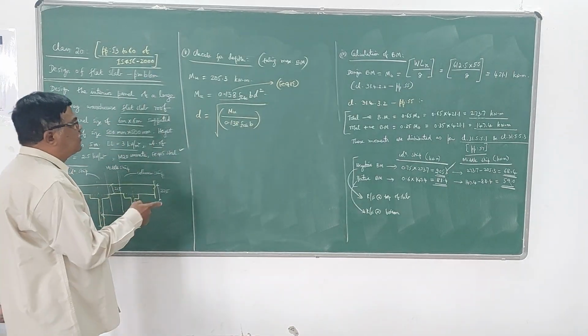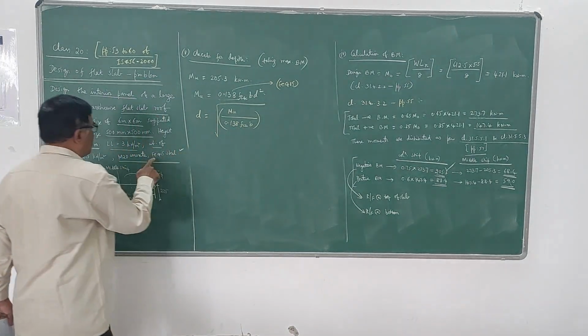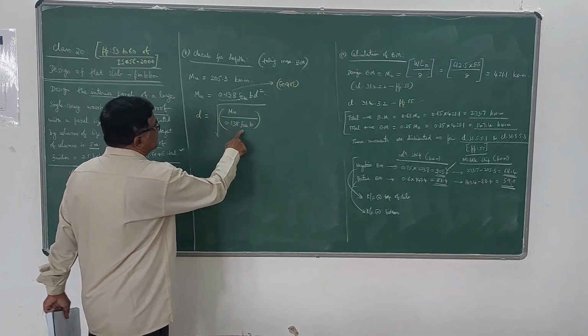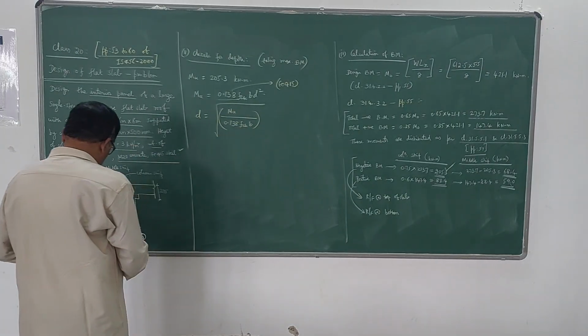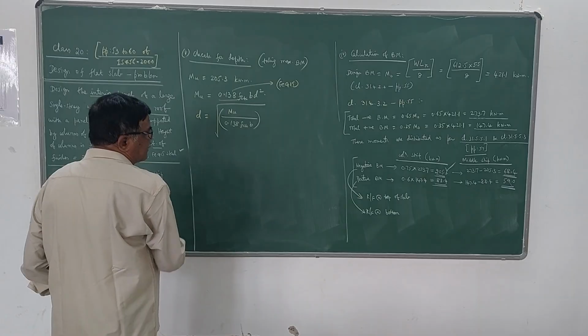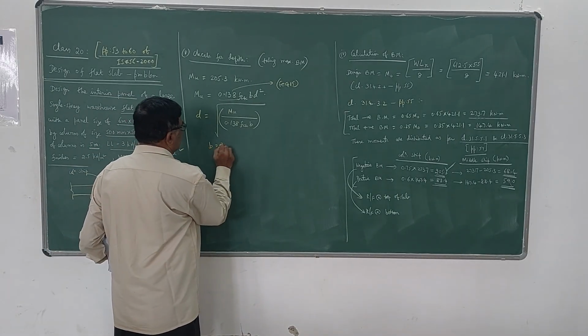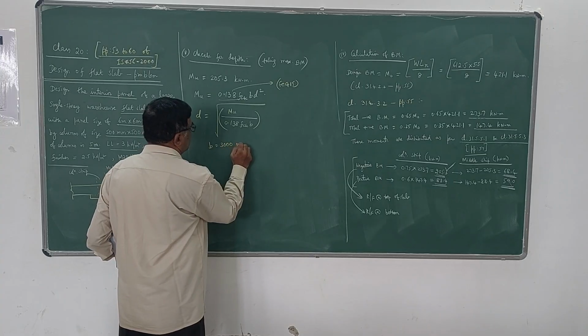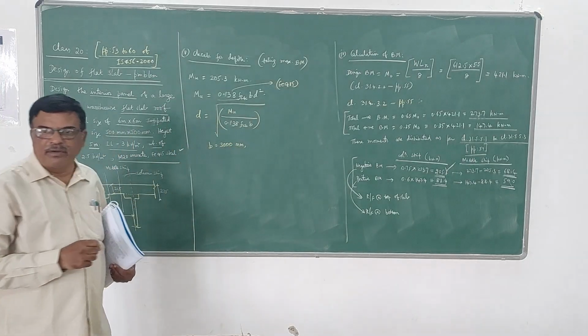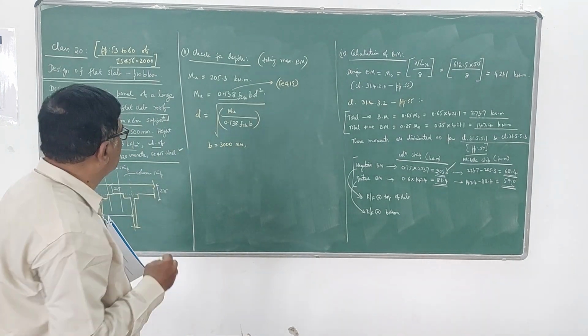Now, substitute the values. You know the grade of concrete is M20, so fck is 20 Newton per mm square. The b value you have to take is 3000 mm, because the column strip and middle strip lengths are 3000 mm.